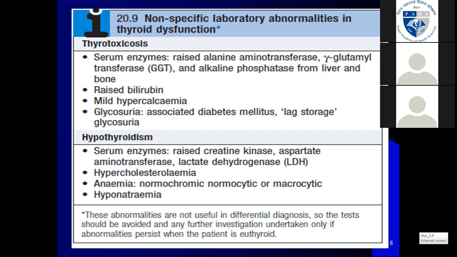There might be hypercalcemia, sometimes glycosuria. In case of hypothyroidism, the total CK could be raised. There might be aspartate aminotransferase, lactate dehydrogenase also slightly raised, and hypercholesterolemia along with normochromic, normocytic, or macrocytic anemia or hyponatremia could be seen.